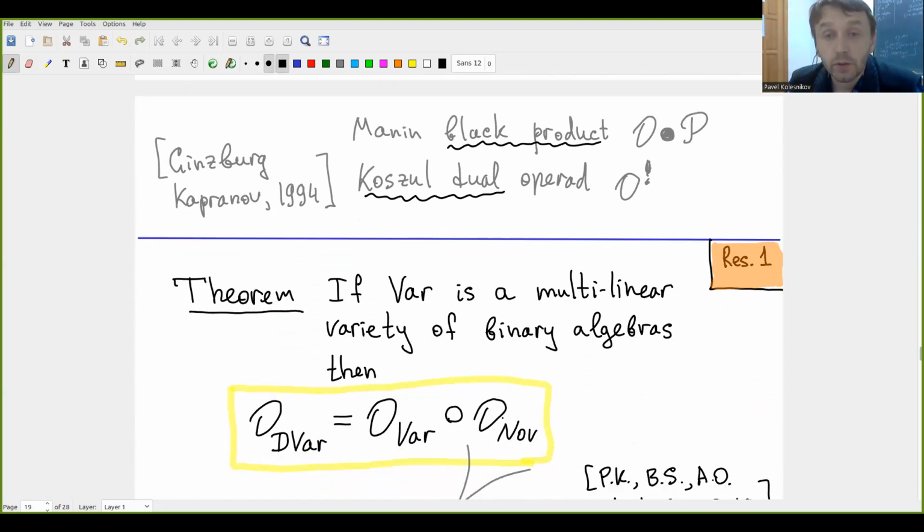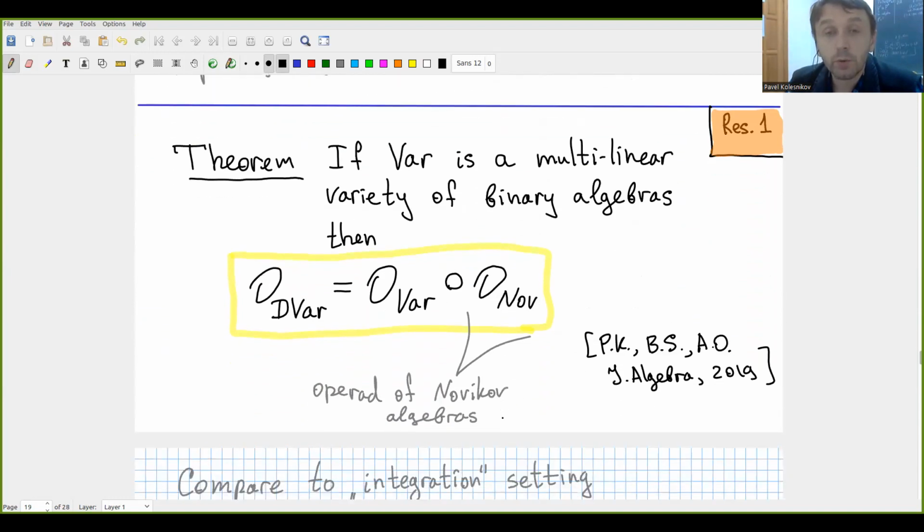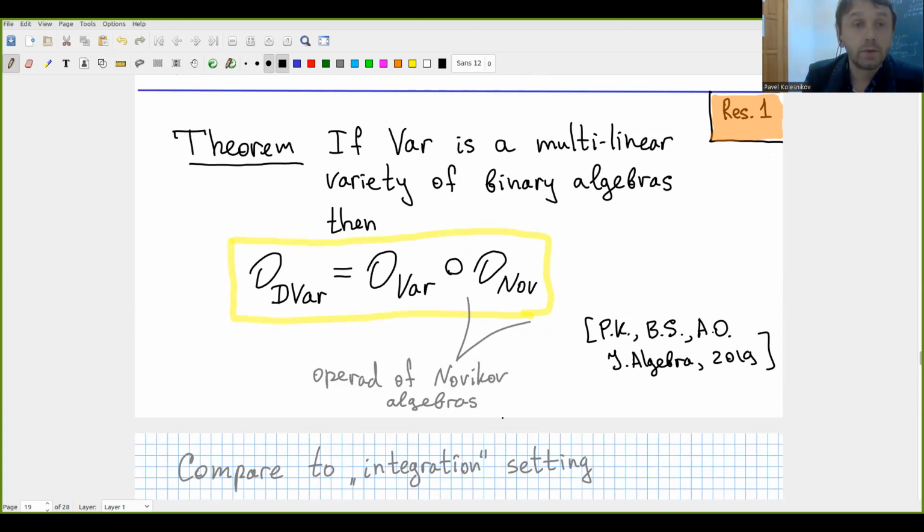The first result I would like to speak about is the description of the derived variety. Suppose Var is a multilinear variety of binary algebras, then the operad governing the derived variety is exactly the Manin white product of the operad governing the initial variety Var and the operad of Novikov algebras.